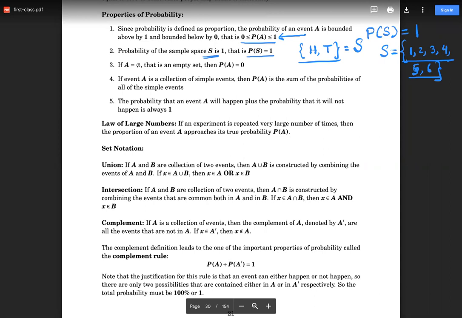If A is an event which is the empty event or empty set, then the probability of the empty set is 0 by definition.